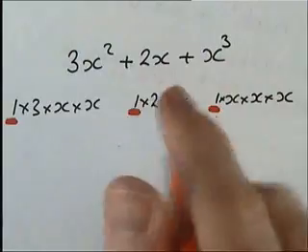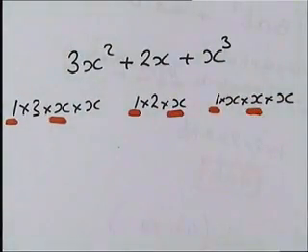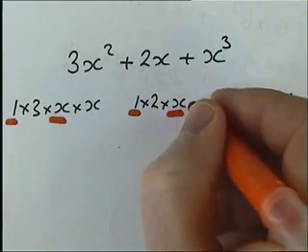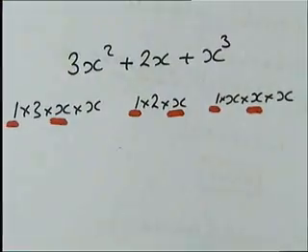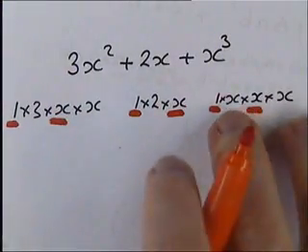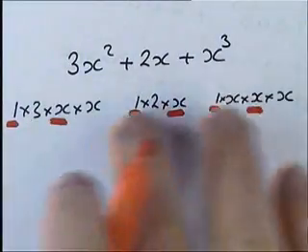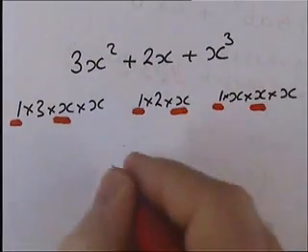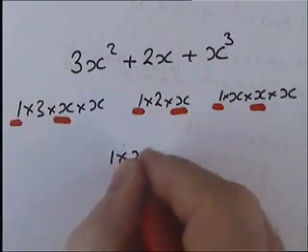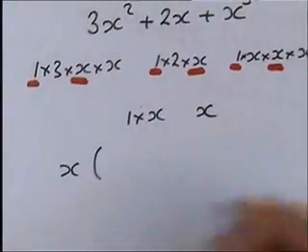There's no 3, but we've got an x there, and there's no more x's in this one, so we can't underline anything else. Even though there are 2 x's here, it has to be in each list. So the highest common factor of all 3 terms is 1 times x, or just x. So that's going to go outside the bracket.